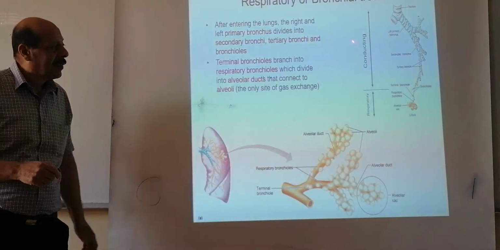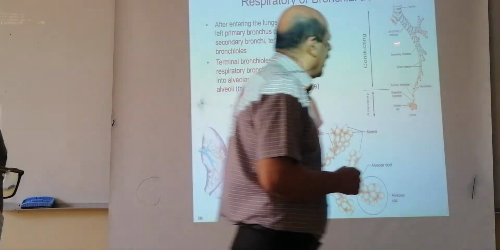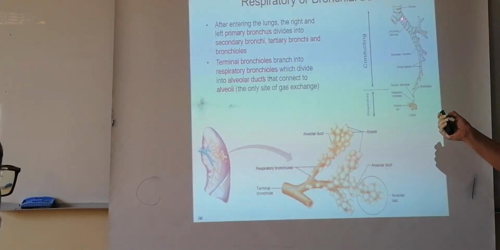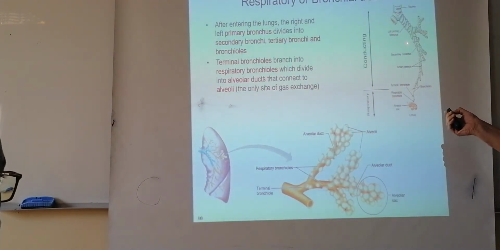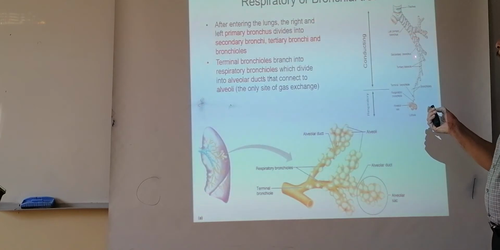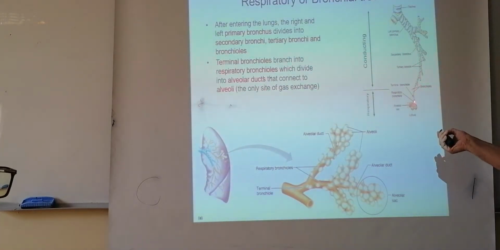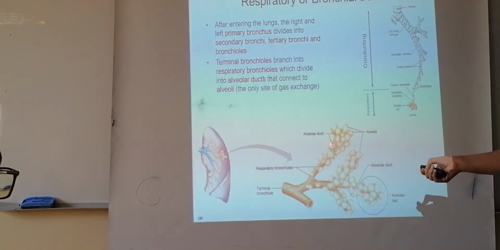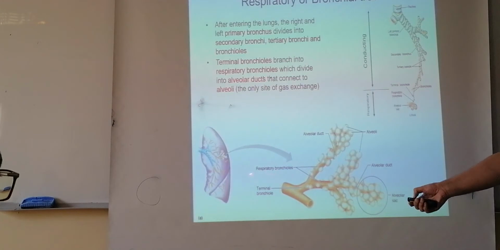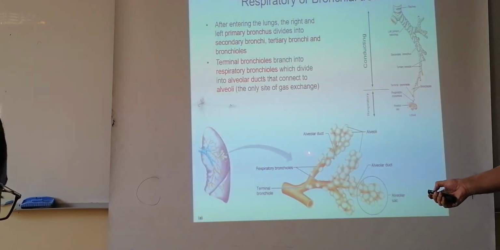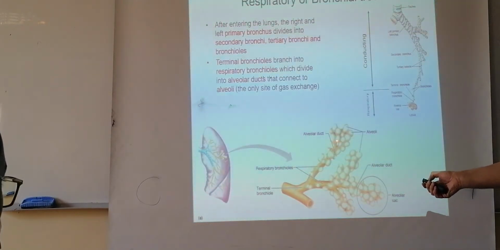So starting from the trachea, then the right and left bronchi, then the secondary bronchi and bronchioles, then it will go toward the alveoli. The terminal bronchioles will be there, and then we have the respiratory bronchioles and the alveolar duct.